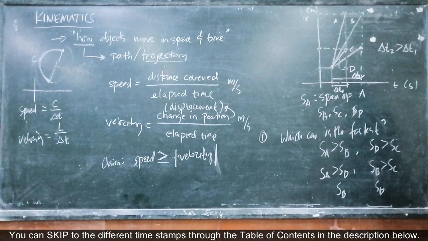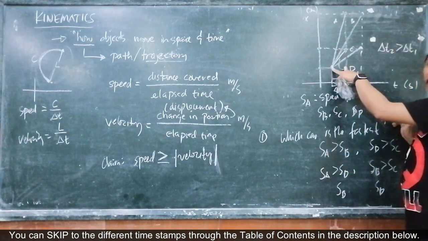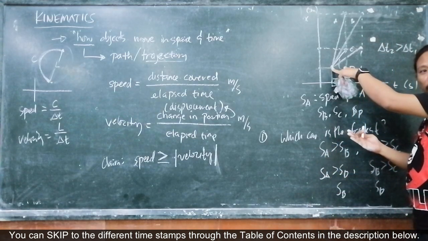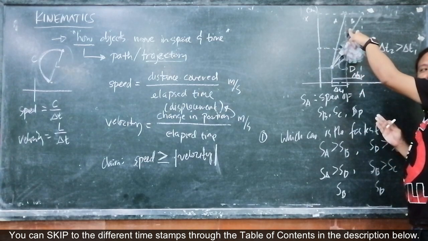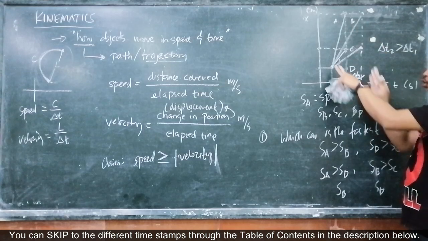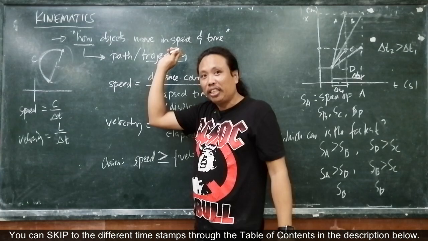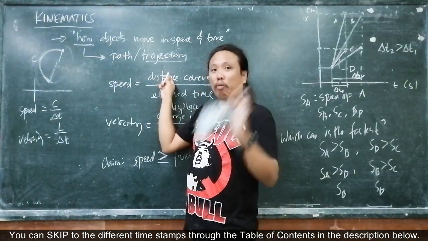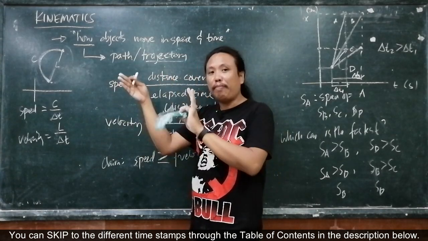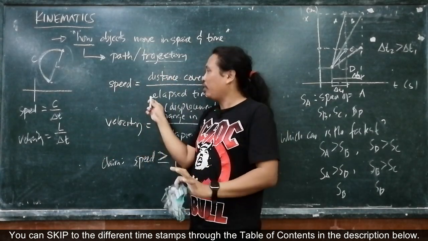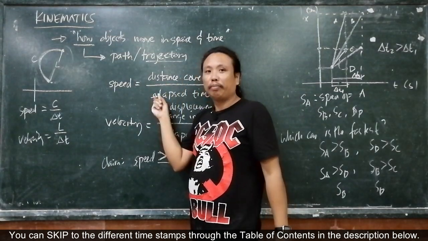Why is that? Because although D had a smaller time, B had a farther distance. Although smaller time is also a requirement for the speed to increase. Whether you increase the distance covered, you travel much farther with the same elapsed time, or travel the same distance but at a lower time.